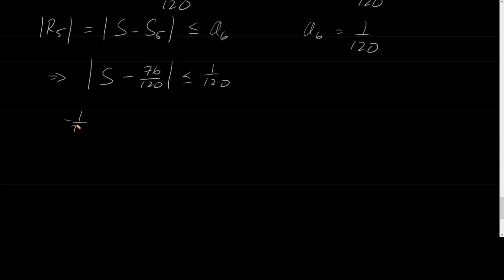Negative 1 over 6 factorial is less than or equal to S minus 76 over 120, is less than or equal to 1 over 6 factorial. If I solve for S, in other words, I want to move this negative 76 over 120 out to both sides of this inequality, I end up with, well, 75 over 120.